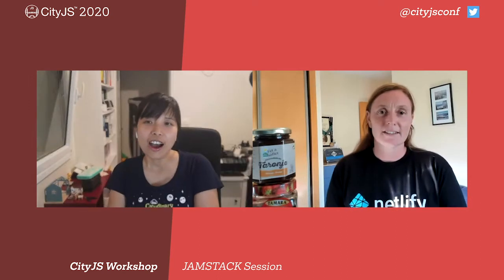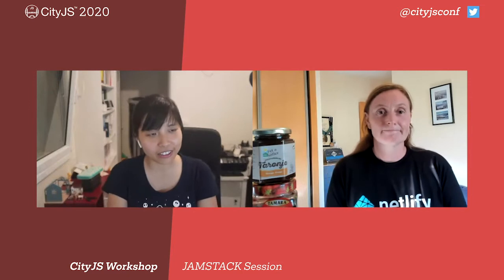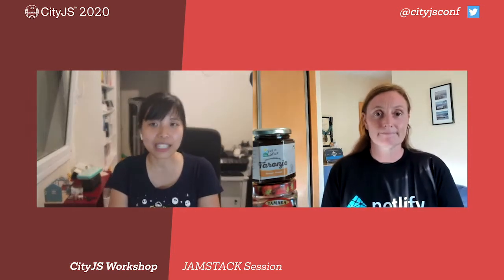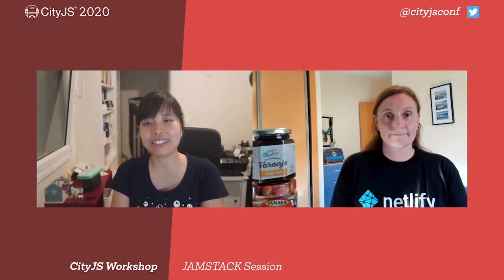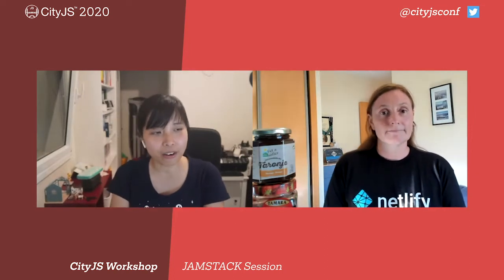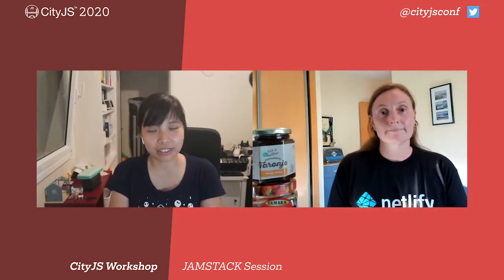Well, I would say it does make sense, but again, it depends on your use case. What you're saying here is that the app contains a lot of dynamically generated pages, 10,000 products, right?